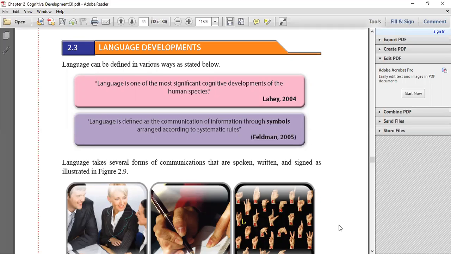For example, all the writers who have written, whether it is J.K. Rowling's Harry Potter book series, or Charles Dickens, or the American writer who has written a lot of books around children. I'm forgetting his name.